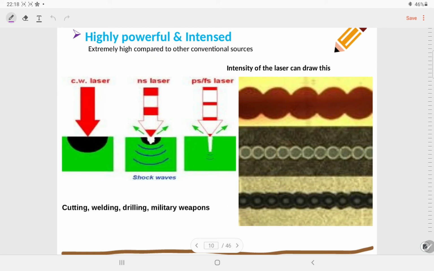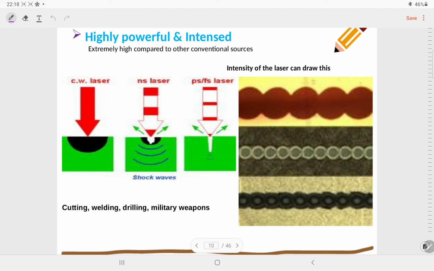Moving toward the next characteristic, laser light is highly powerful and intense. This characteristic is about the intensity. Therefore this laser light is used for drilling and cutting purposes, because you can focus the laser light on a very small area, and therefore it has a very high impact.